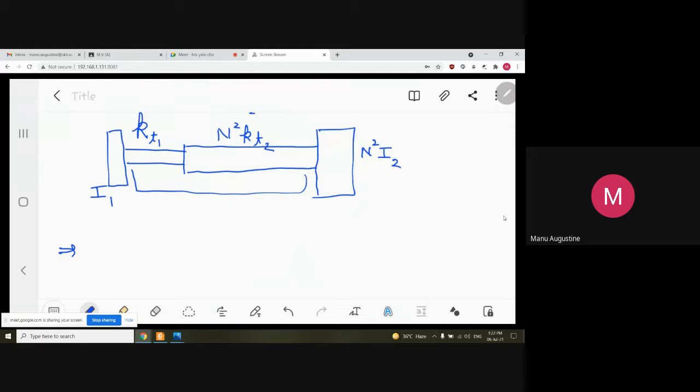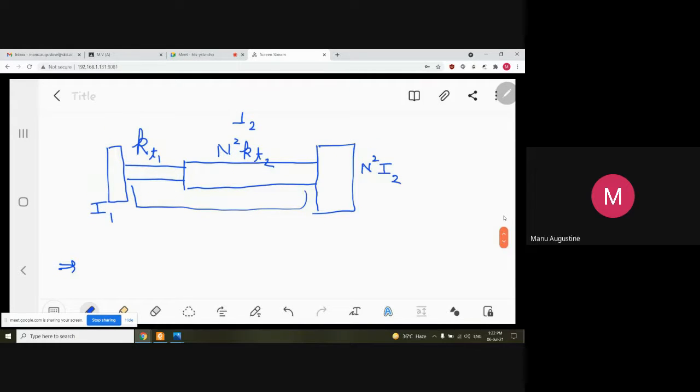Now the next step is to convert this stepped shaft into a singular shaft of uniform diameter. And how do we do that? First of all, let us reduce some complexity. Instead of writing n square kt2, let me just write it as kt2 dash.